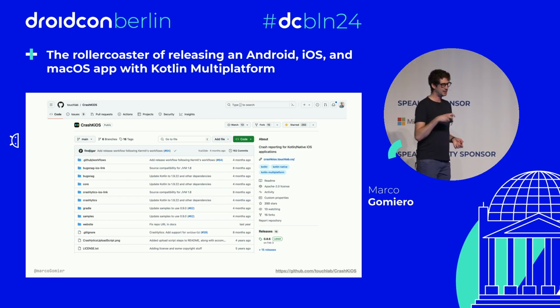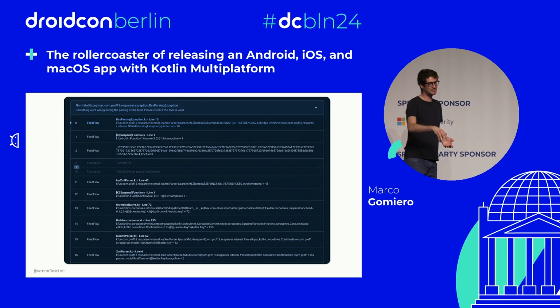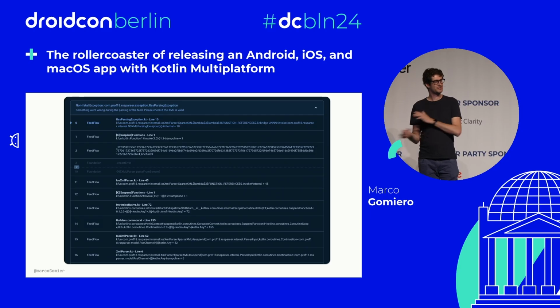If you have this library, you go on Crashlytics, you're going to have not just random memory addresses, but actually the line of Kotlin code where things blew up. So you can actually see the Kotlin code from the iOS crash report.